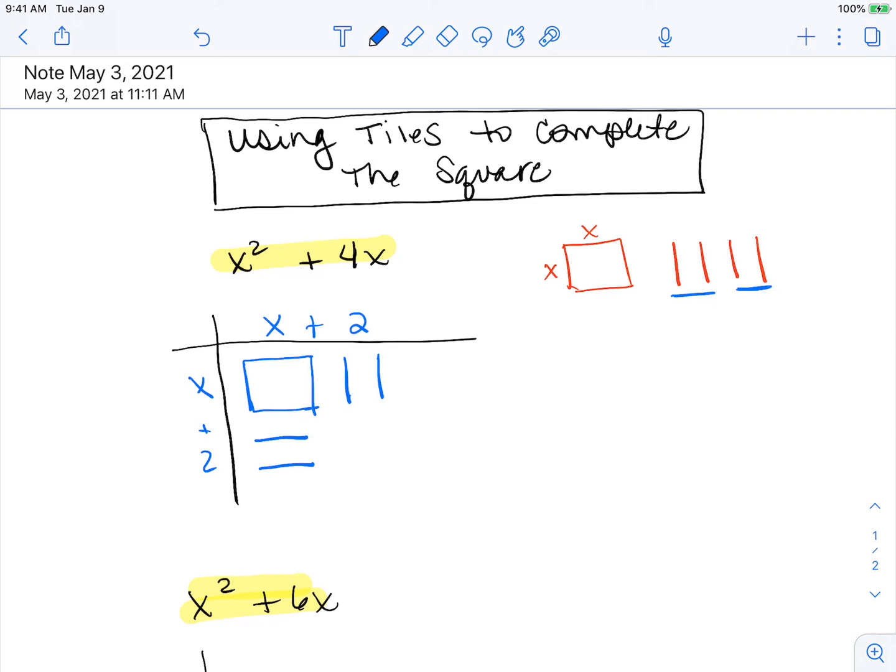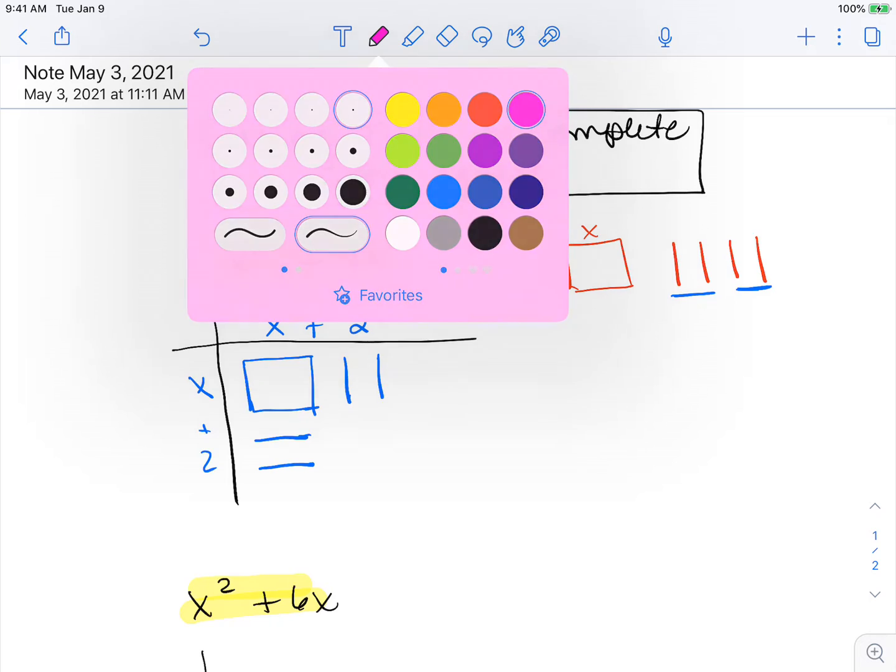And now I'm making things symmetrical. I'm making things square. And what I want to know is I need to be able to fill in this space that's right here with single units that will make it completely square. So I'm going to put these in pink here.